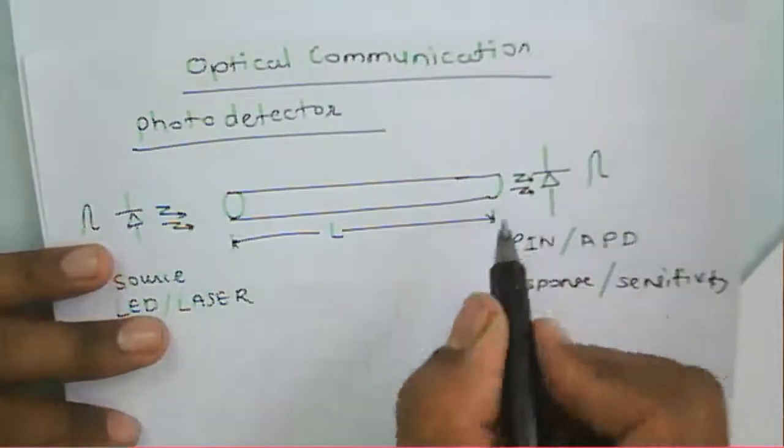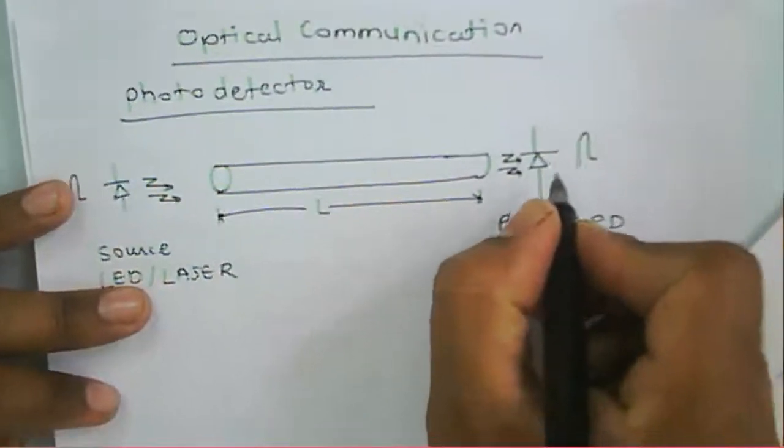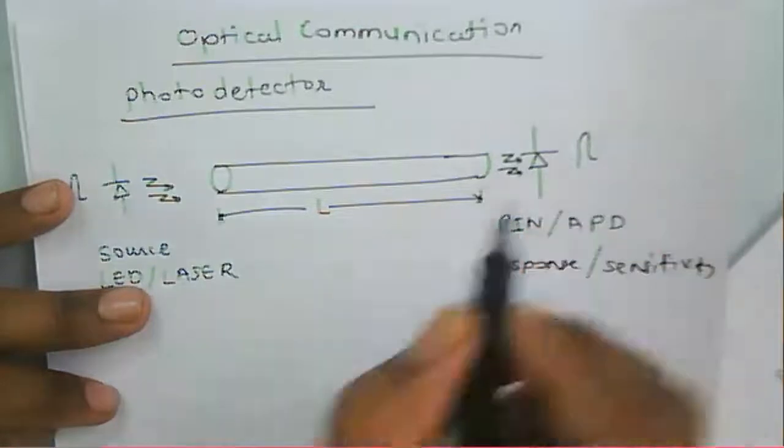The detector should sense whichever light falls on it, and then convert it into an electrical signal.